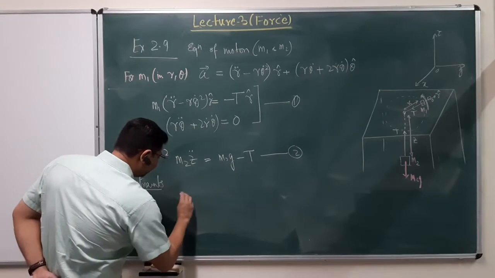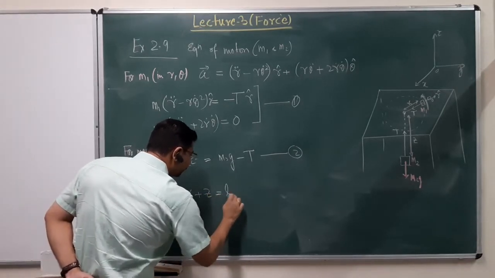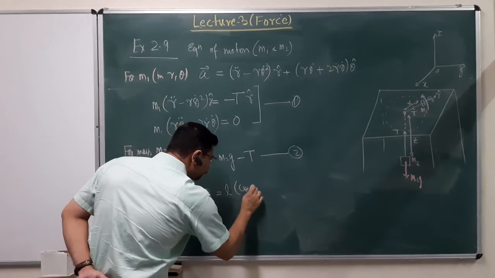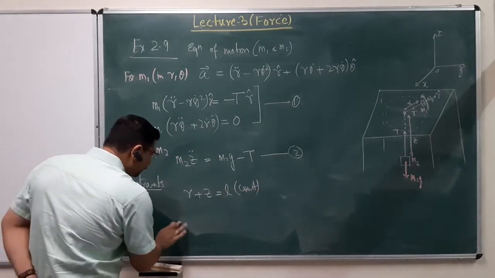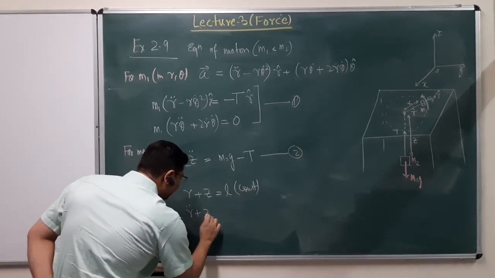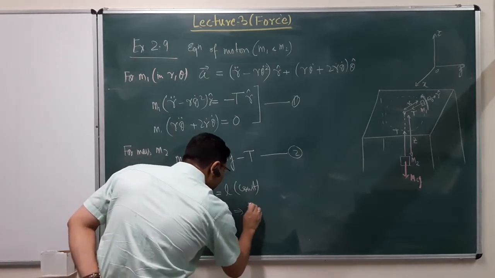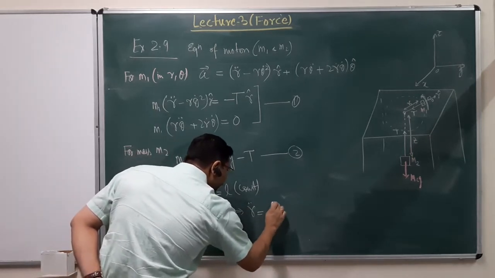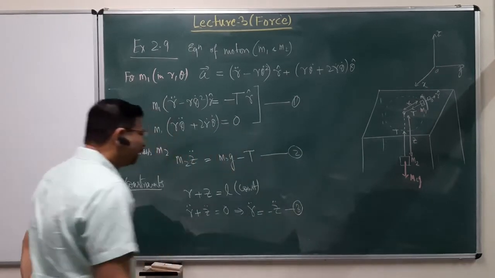So effectively one can say that r plus z has to be equal to L, which is a constant. This is the constraint, and with this we can eliminate one of the parameters. If we simply take a second derivative of this, it gives us 0, and this implies that r double dot is simply minus z double dot. So this is my constraint equation.